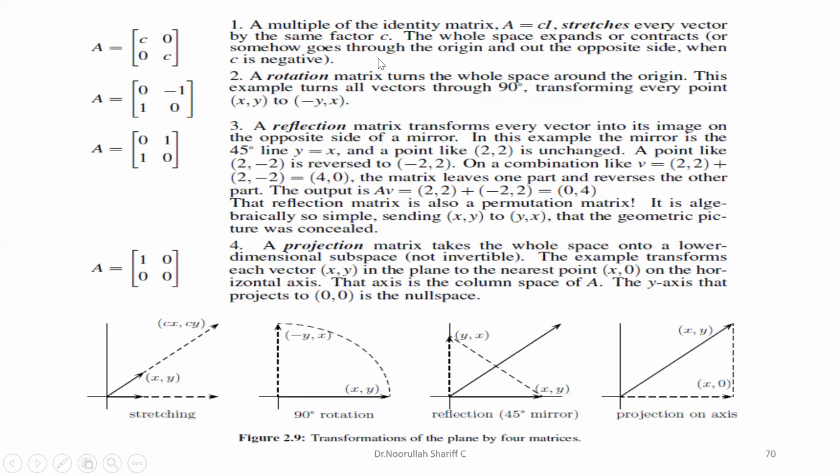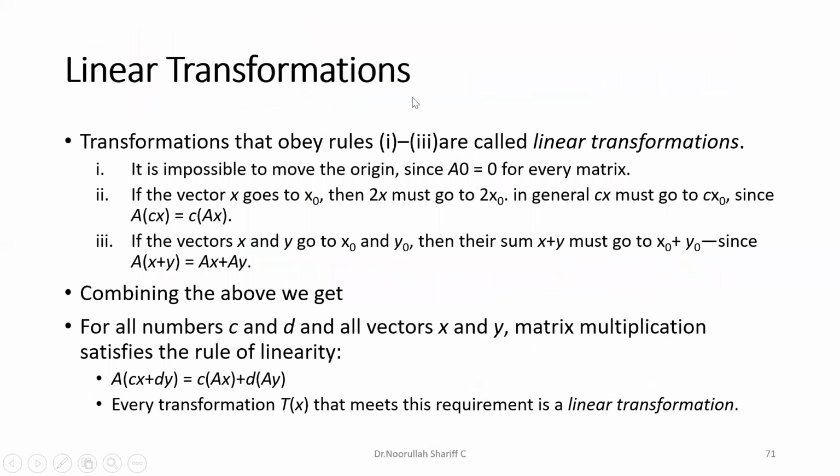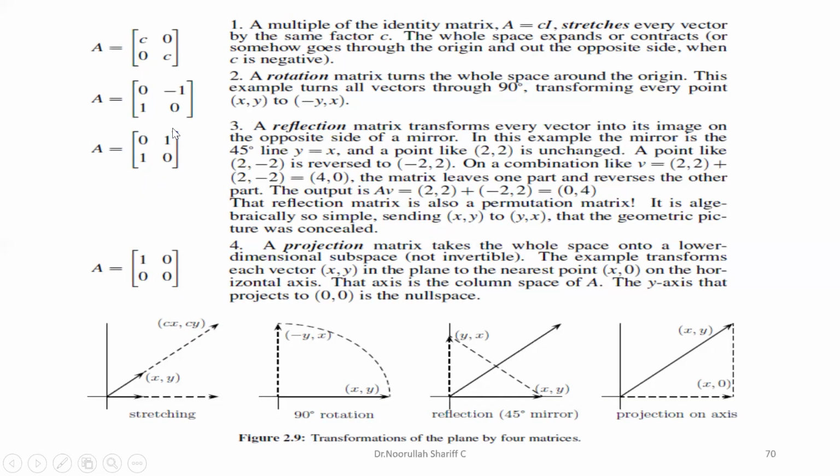Now you can have a point xy as a column, and multiply it by the matrix A, which is C, 0, 0, C. That is nothing but A equal to C times I, where I is 1, 0, 0, 1, the identity matrix.